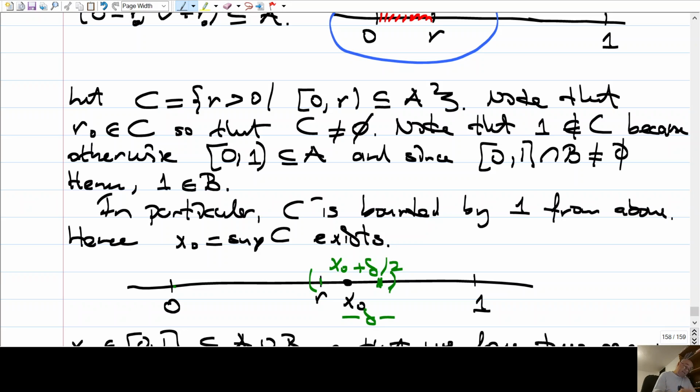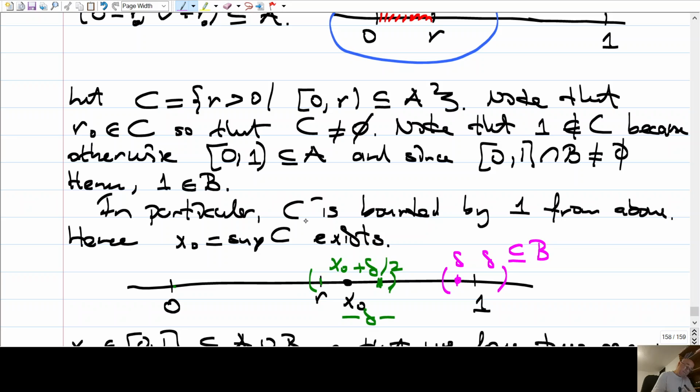Yeah, but again, this would give us a contradiction. Why is that? If one is in B, since B is open, again, there is some delta would be like this, so that this would lie inside B because B is open. Therefore, a point like this would be in B, but this point is strictly less than 1, therefore it lies inside A, and that would give us a contradiction. Yeah, right.